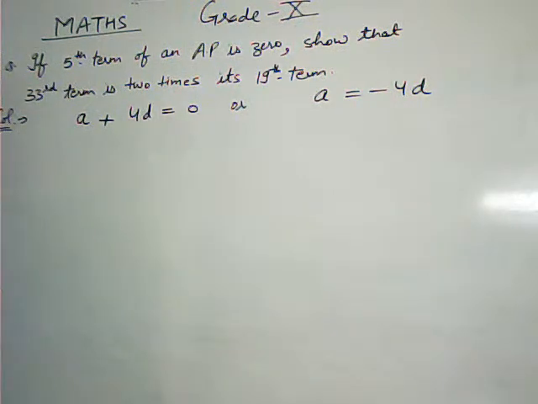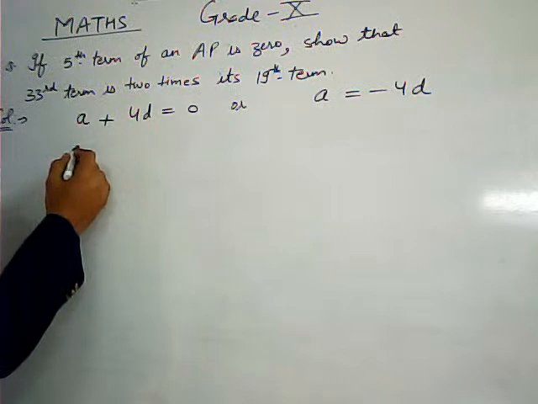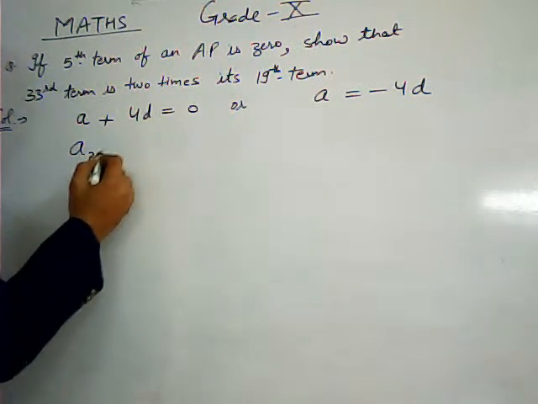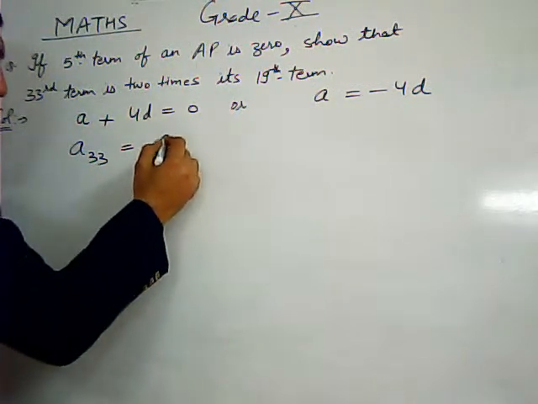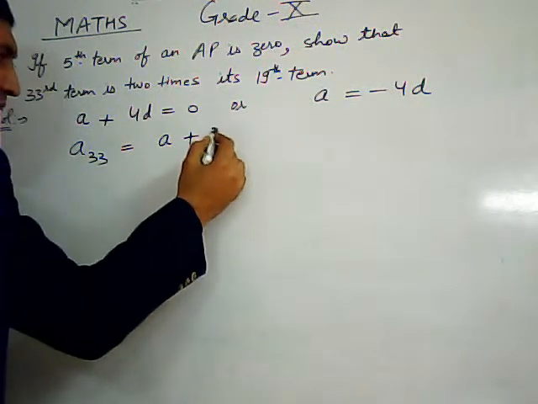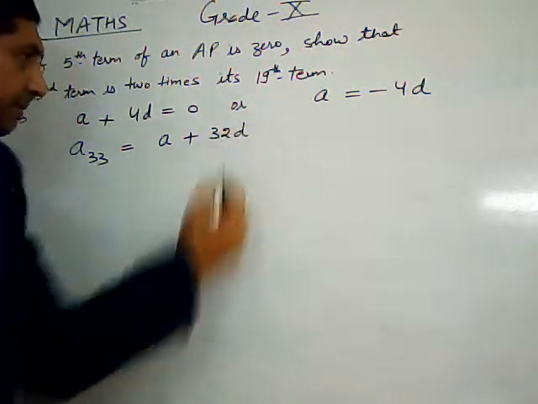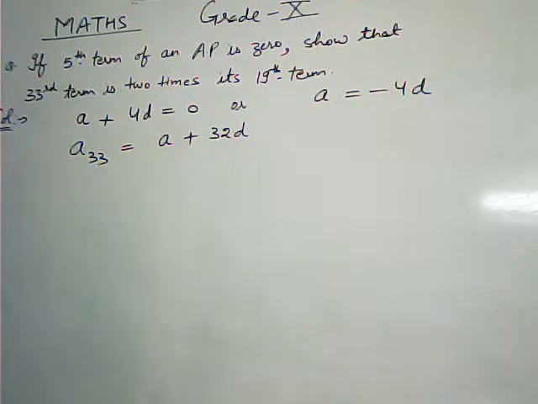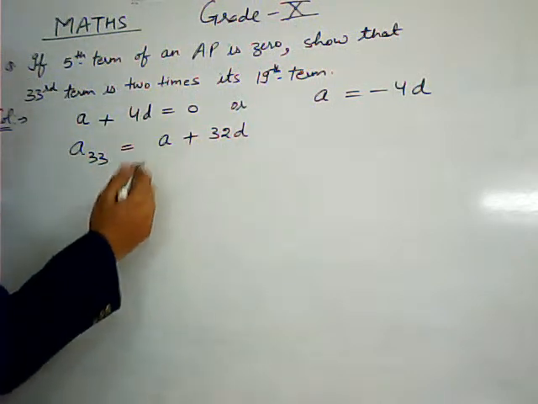Now we want to prove the 33rd term is twice of the 19th term. So what is A33? A33 is equal to A plus 32D.